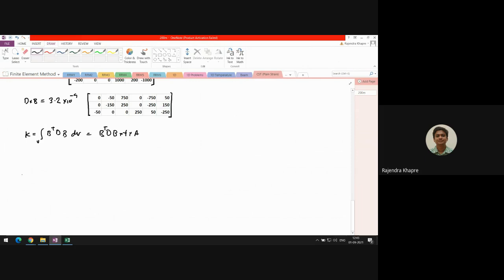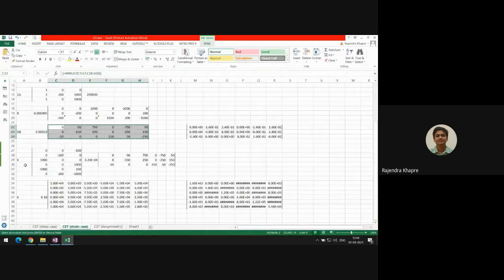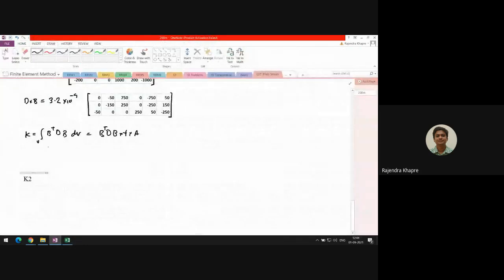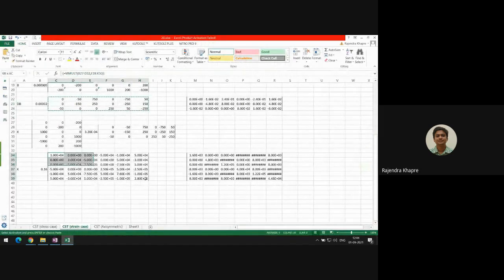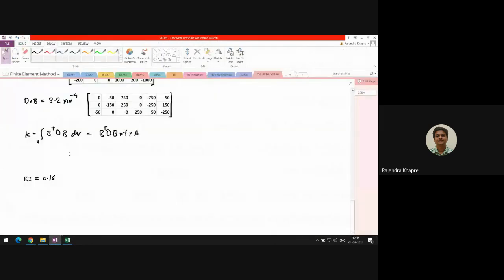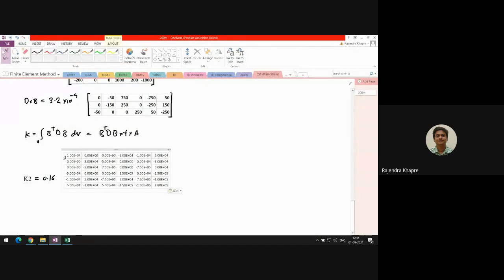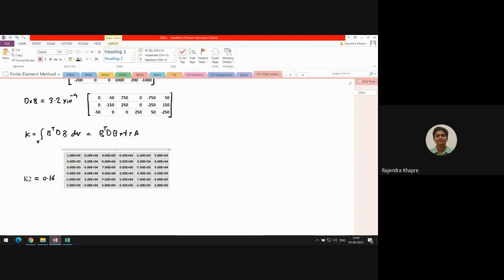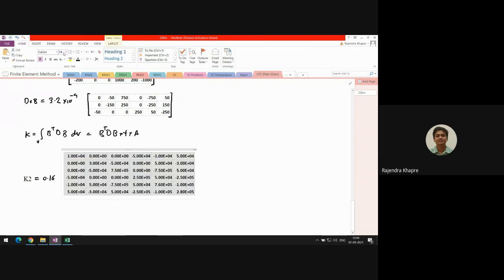If you go for K for the second element, this is K2. K2 is coming out with a constant, that is 0.16, multiplied by this matrix. So you will be getting these values, right? This is how you will be getting the K2 matrix.